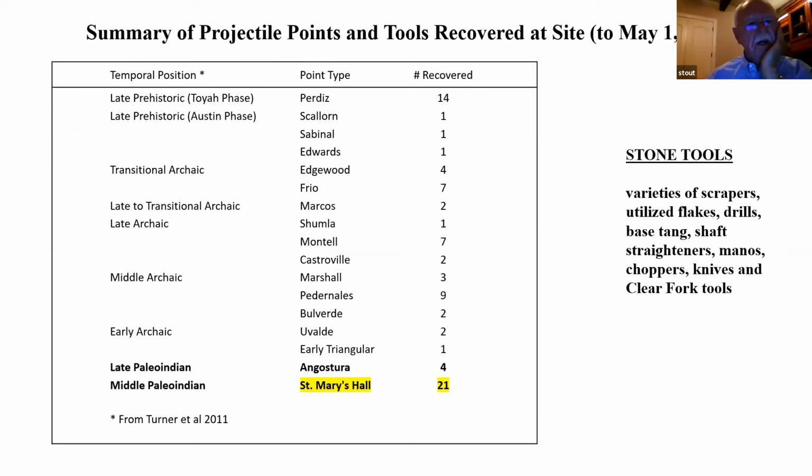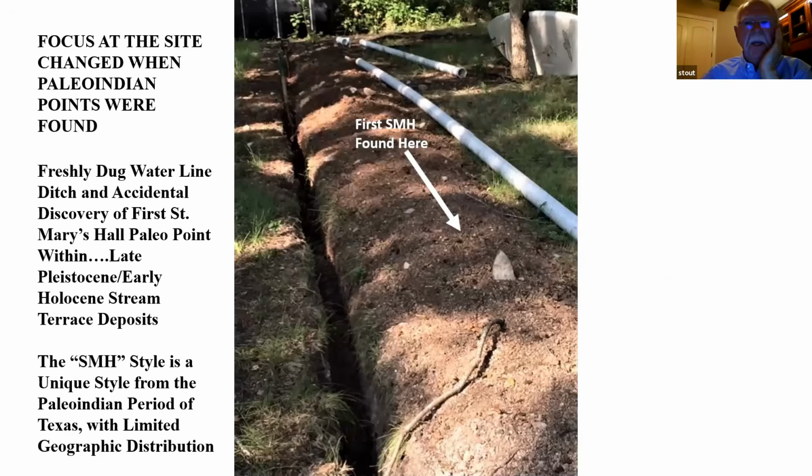There's one thing about archaeology: there can be direct, disciplined methodology, and there can be accidents. And this was a complete accident, where the landowner, since we would go out there every Monday, one Monday we were out there and we saw the landowner had used a ditch witch to dig a ditch for a water line.